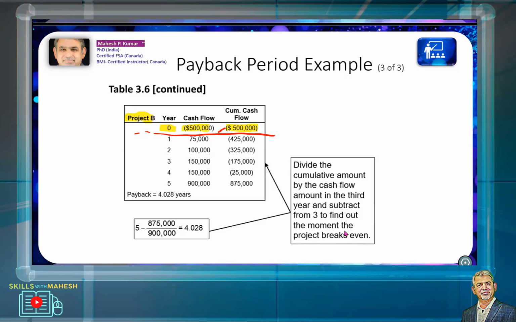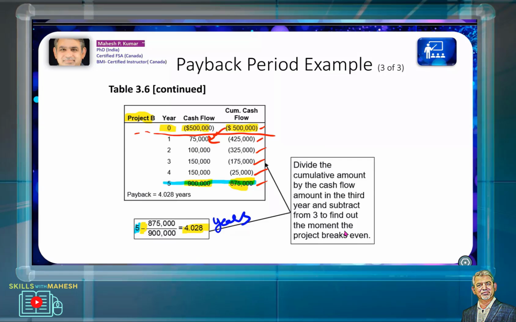We keep adding the revenues made in each year, and the cumulative cash flow gets into positive somewhere in the fifth year. And you remember the method, right? Start with year 5, take this positive dollar value, 875,000, divide it by the revenues for that year, and then subtract that, and you get the payback period. This payback period is not mentioned here, but it is 4.028 years.